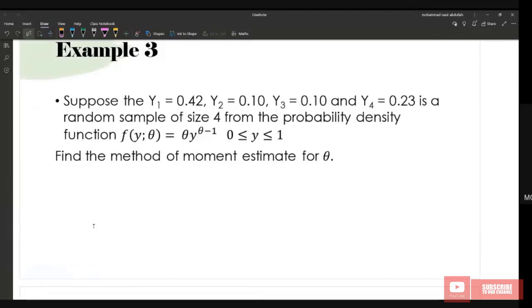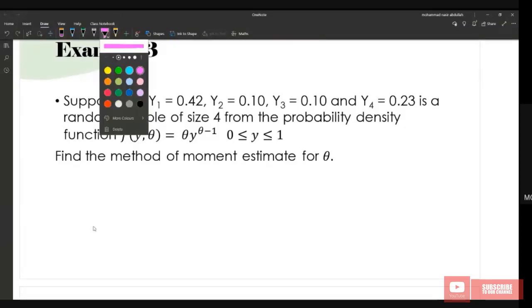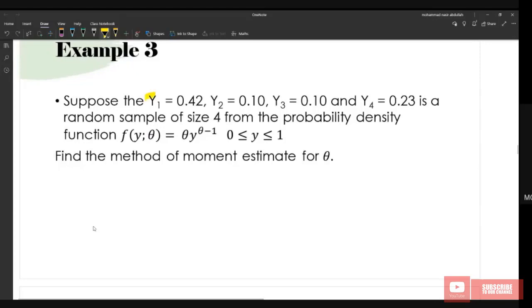Suppose y1 is equal to 0.42, y2 is equal to 0.1, y3 is equal to 0.1, and y4 is equal to 0.23. It's a random sample of size 4 from a probability density function, theta multiplied with y to the power of theta minus 1.